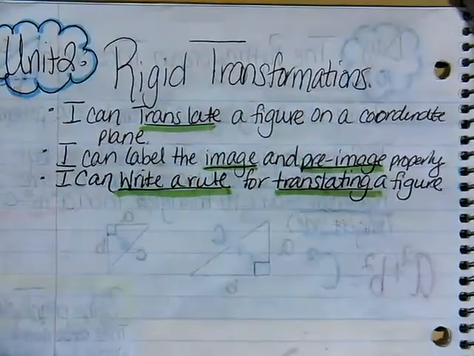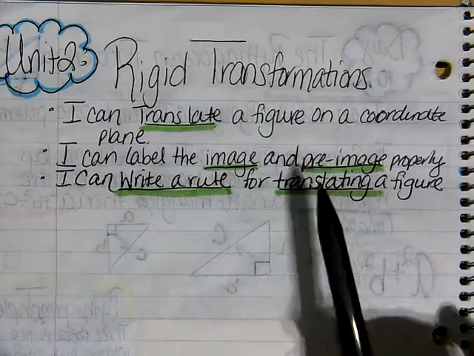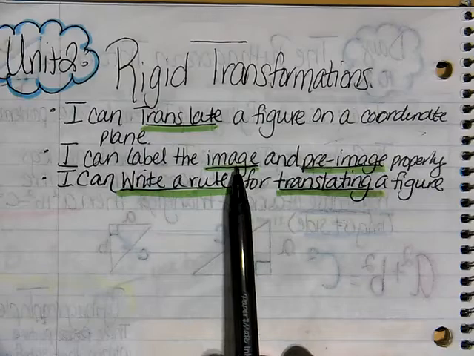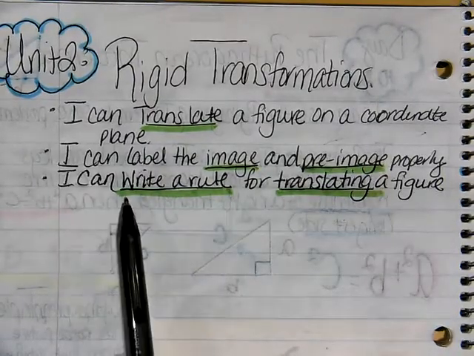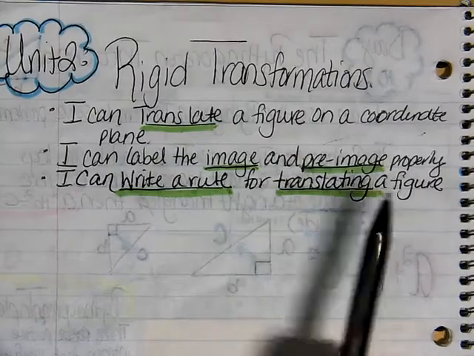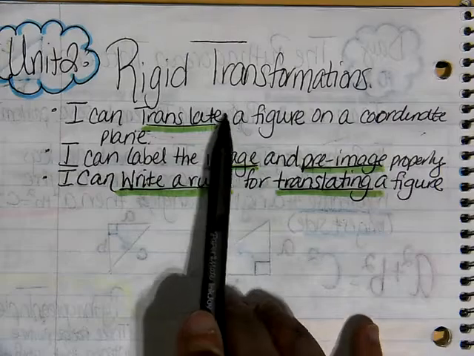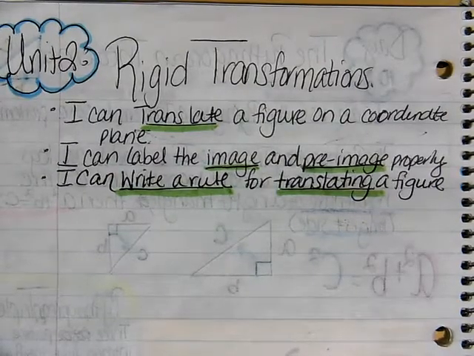All right, the I can statements for today are for you to be able to say, I can translate a figure on a coordinate plane. I can label the image and pre-image properly. And I can write a rule for translating a figure. So some key words here: this word translate. Translate is something that we are doing right now. You're listening to what I'm saying, and a lot of you are translating what I'm saying into your native language.